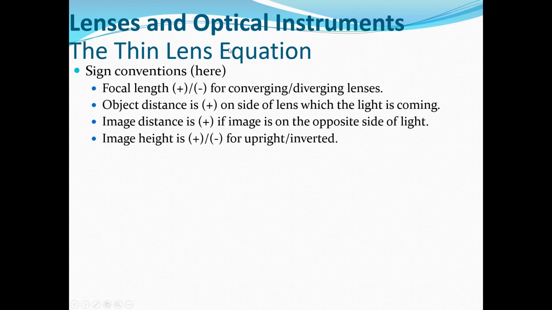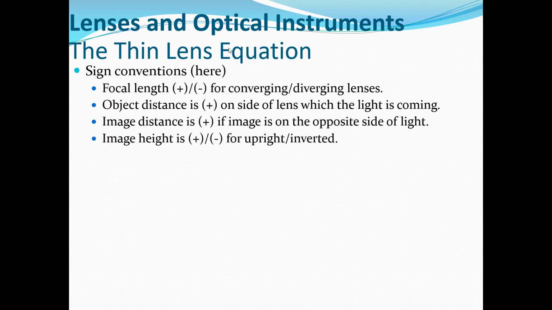Object distance, now there actually is a little bit of a caveat. With the mirrors, it was always positive. There was no way that you could get an object distance that was negative. But for lenses, it is actually possible to get a negative object distance.